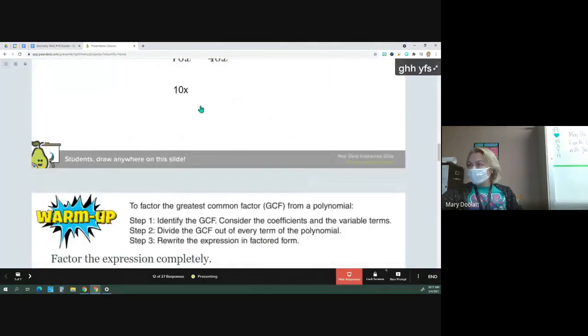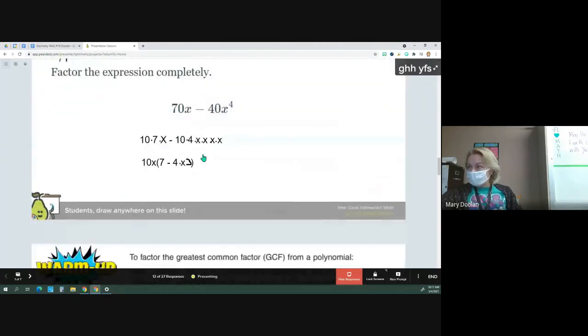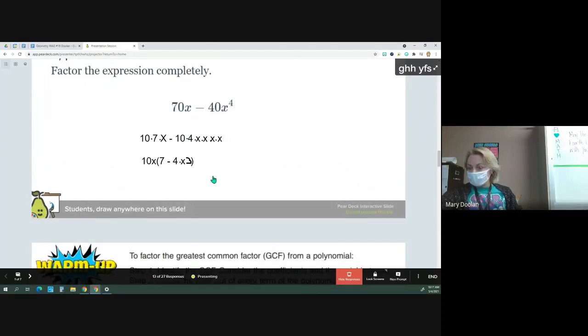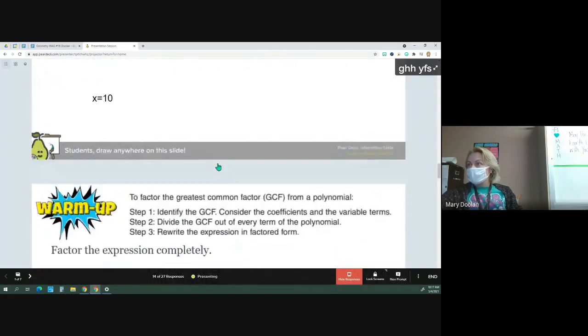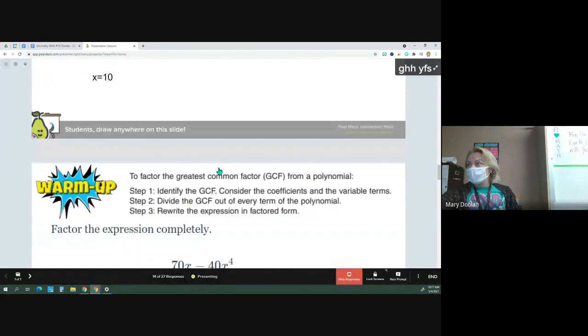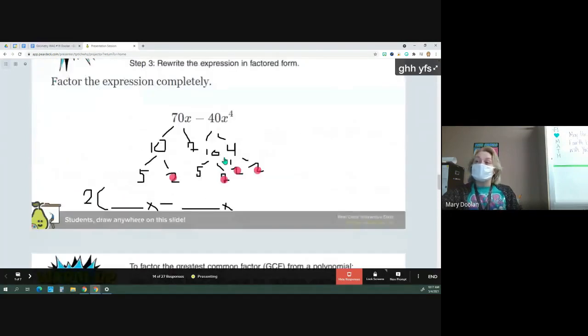So the GCF is 10x, yes. 10x, 7 minus 4x to the third power. This is correct. x is 10. So we're not solving for x.